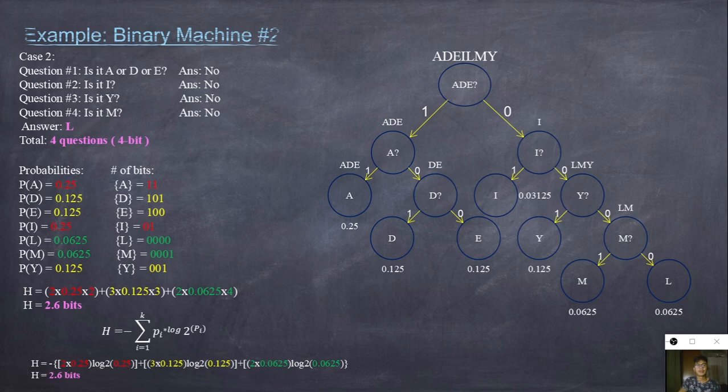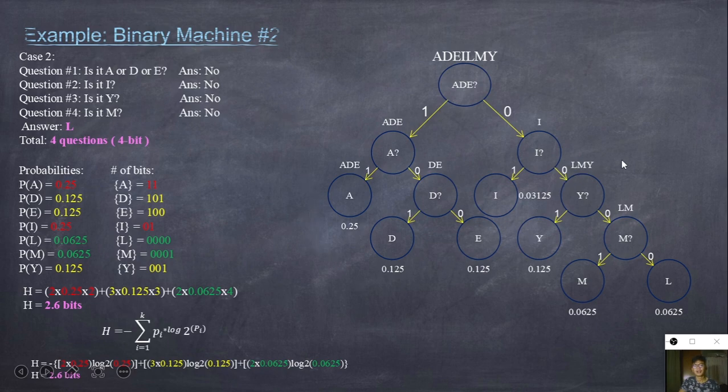As we compare the two methods of finding the entropy and probability, the more convenient method is this binary machine number 2.